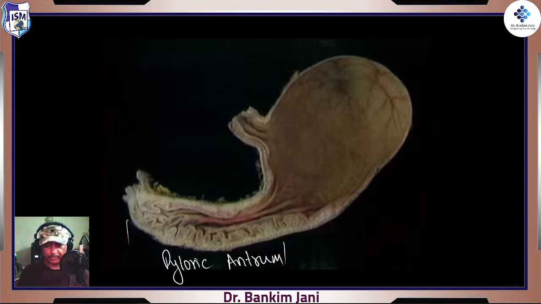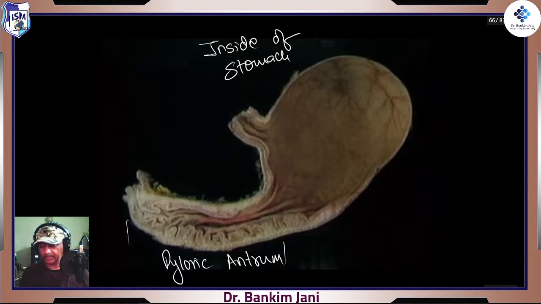Now for the stomach, we have talked about it. This is the inside of the stomach. We have talked about there being two layers: the muscular layer and the mucosal layer. That mucosa is not present everywhere, and at some places it is very thin.